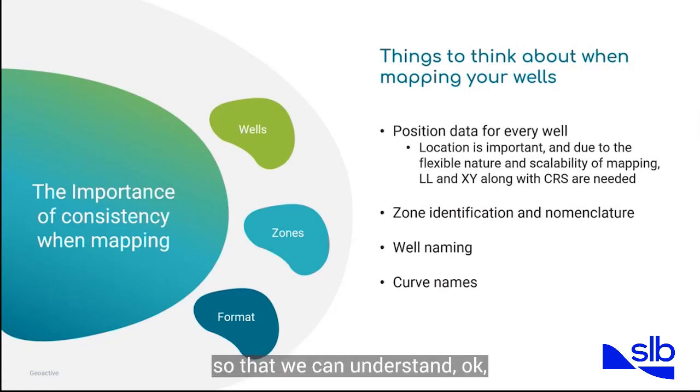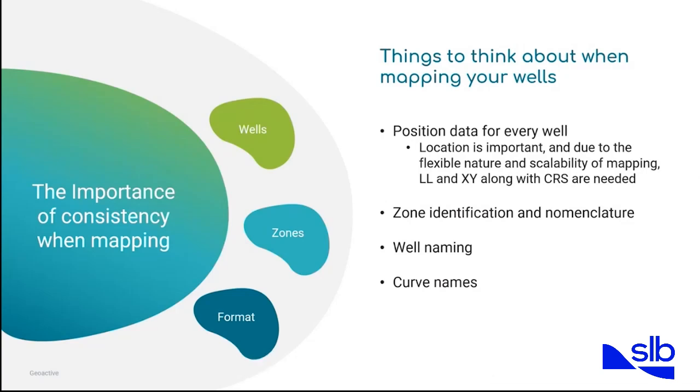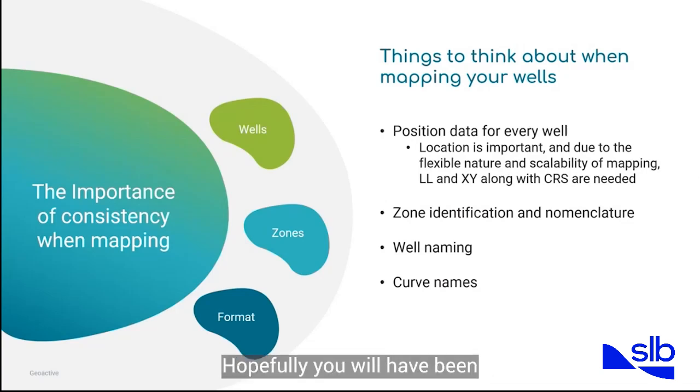That's what we're aiming for here, so that we can understand, okay, it's zone A and it's zone A everywhere. We've named it the same thing. Again, when it comes to the stratigraphic zones, hopefully you will have been naming these correctly, or at least consistently. So that's the position data, the zoning data, and then the well names as well.